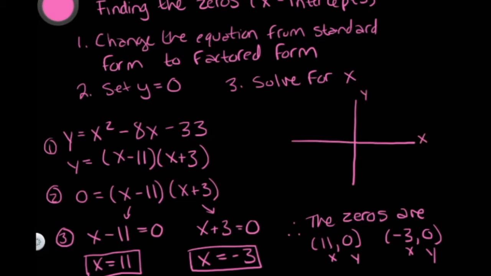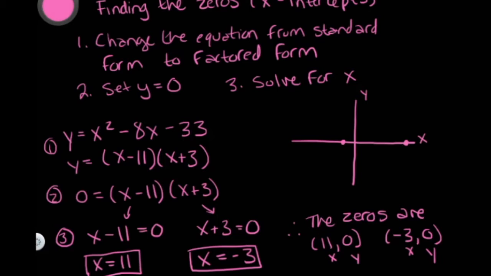One of them would be crossing at positive 11 and 0, so let's say that's up here. And one of them would be crossing at negative 3 and 0, somewhere right about here. So those are the two points where it will cross the x-axis. So those are our zeros.